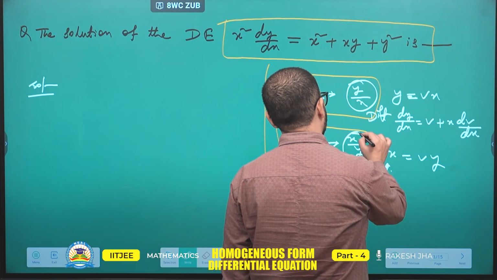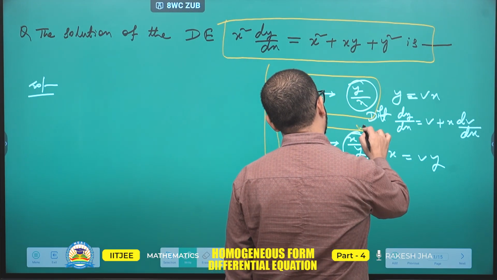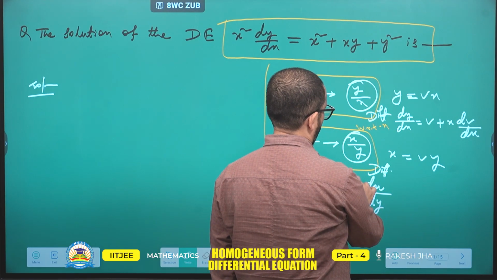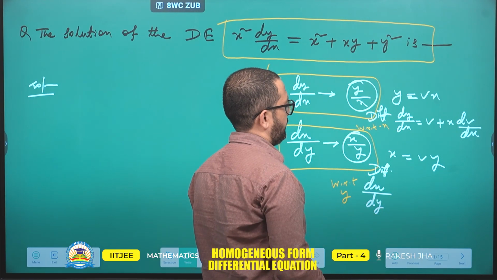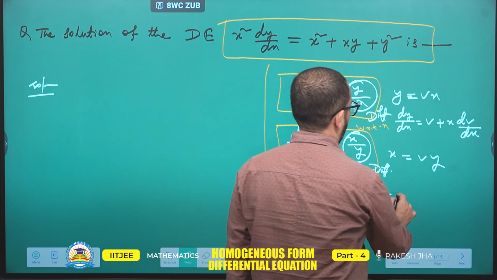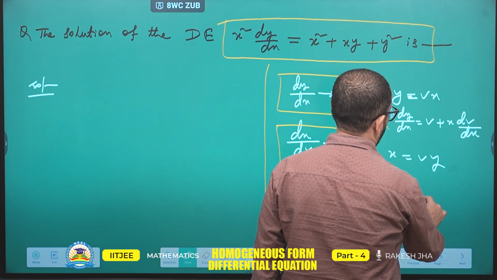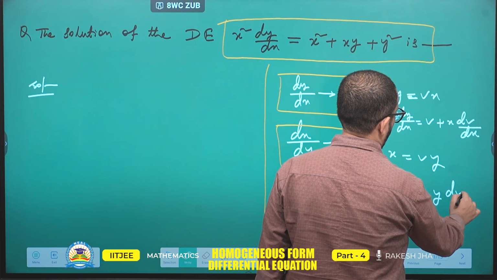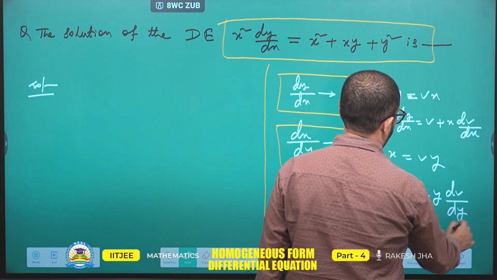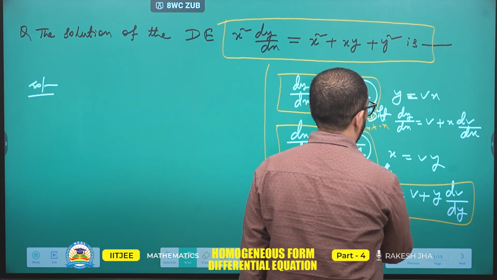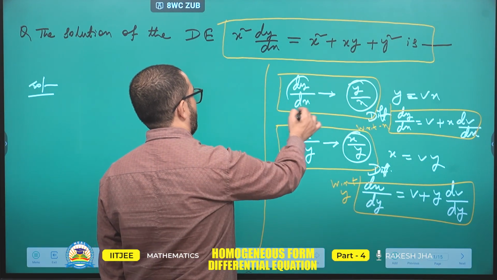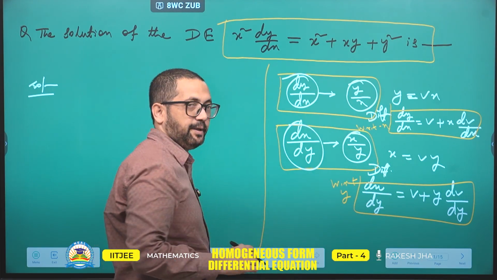So differentiating with respect to x here, and with respect to y here, dx by dy will be equal to v plus y dv by dy.